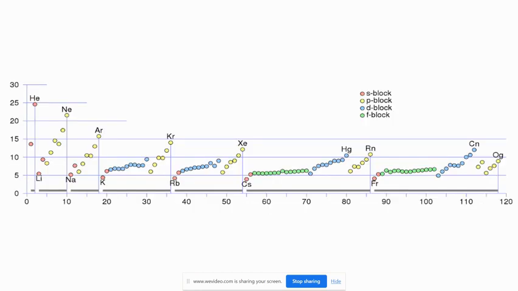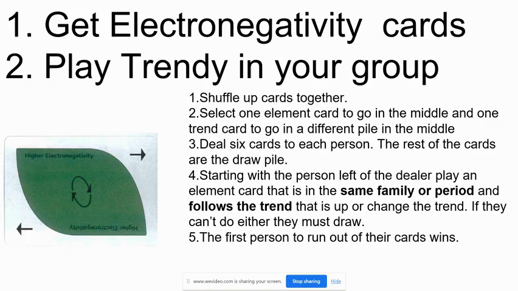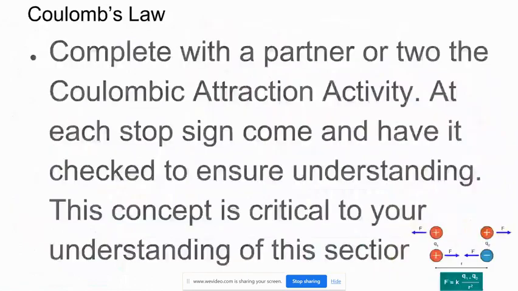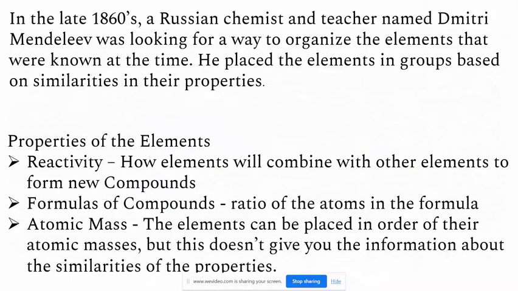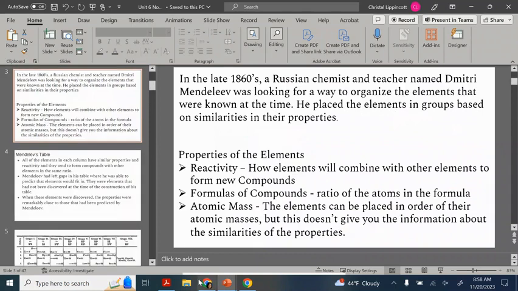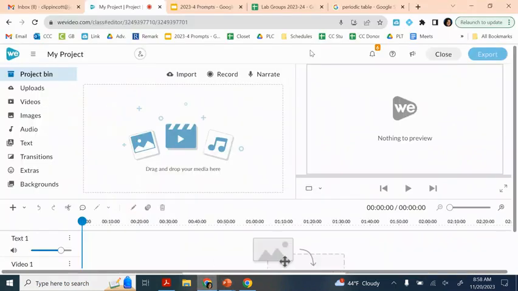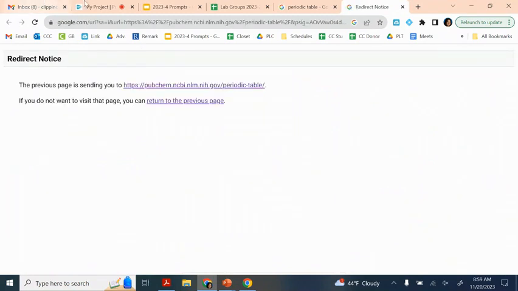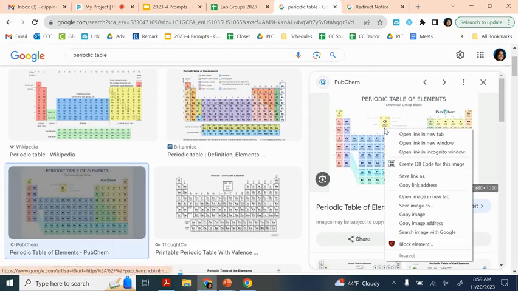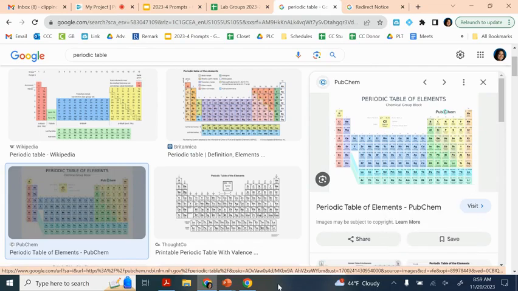Okay, so let's talk about how that would look if I can find a periodic table to talk about. I thought I had saved one on here. Did that not save from last week? I did this last week, you guys. I just can't get anything to stick.